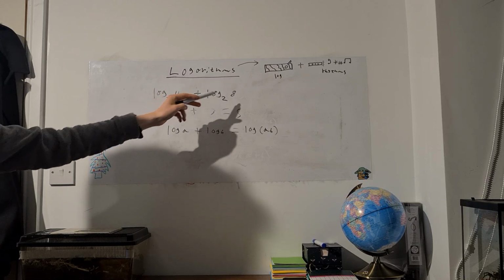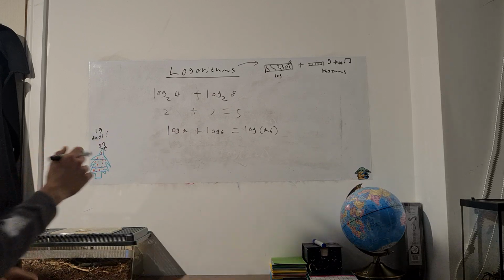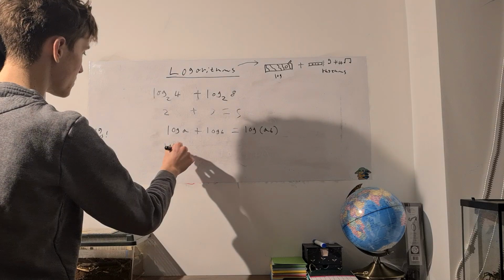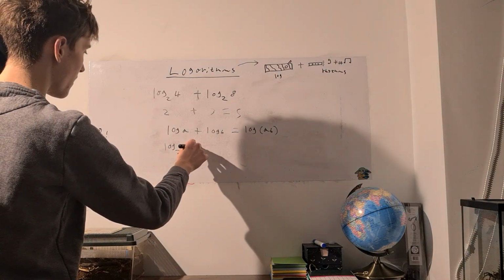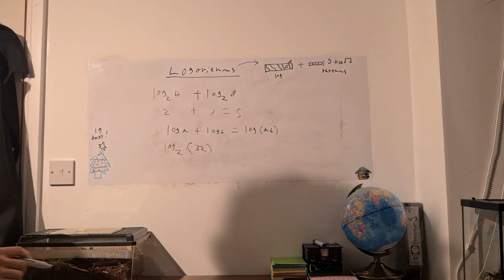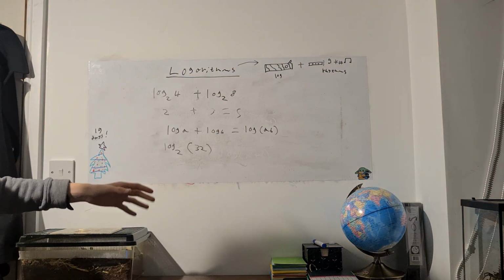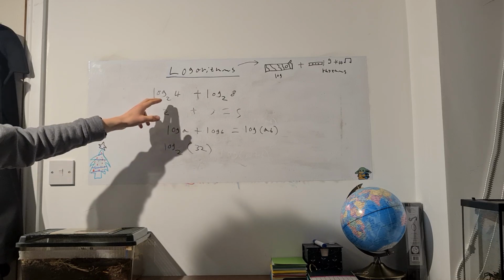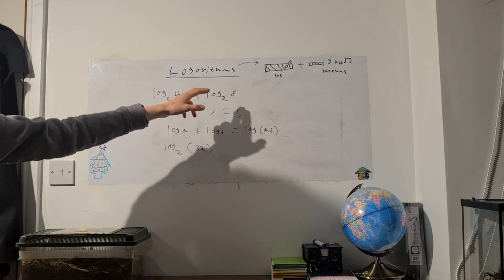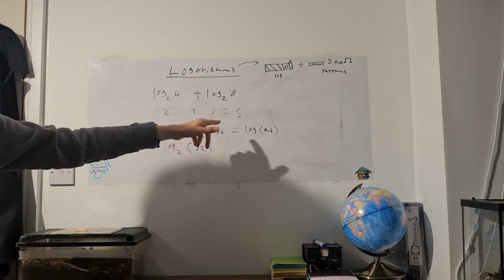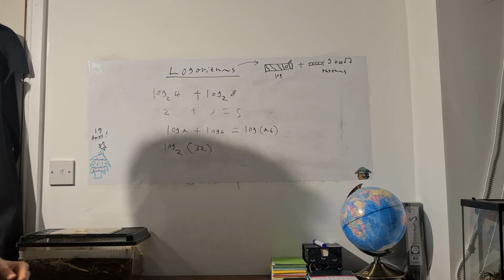Well, A is 4, B is 8. So in this scenario, log base 2 of 4 plus log base 2 of 8 is equal to log base 2 of 4 times 8, due to this. So you get log base 2 of 32.